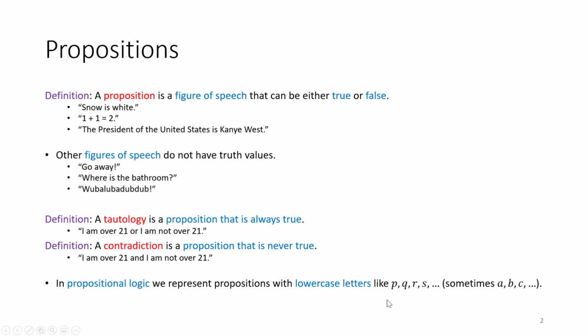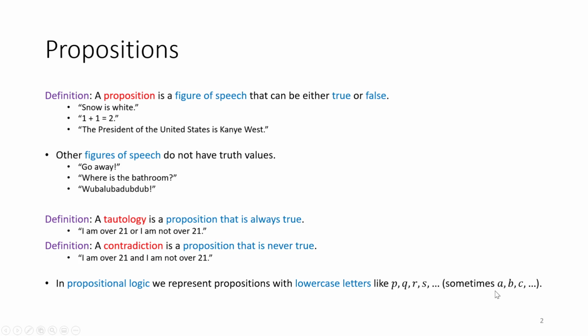The last point I'm making here is that when we create a variable for our proposition, we usually use lowercase letters from the normal English alphabet. We usually use P, Q, R, S, with P for proposition, and then just iterate through if we need more. Occasionally, we'll jump to the front of the list, ABCs.